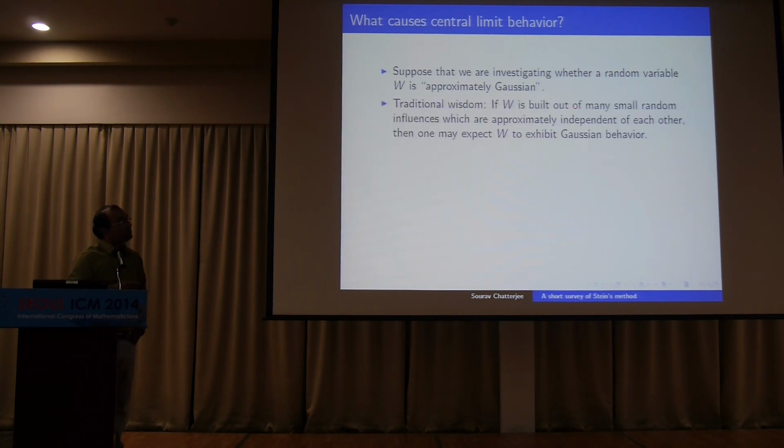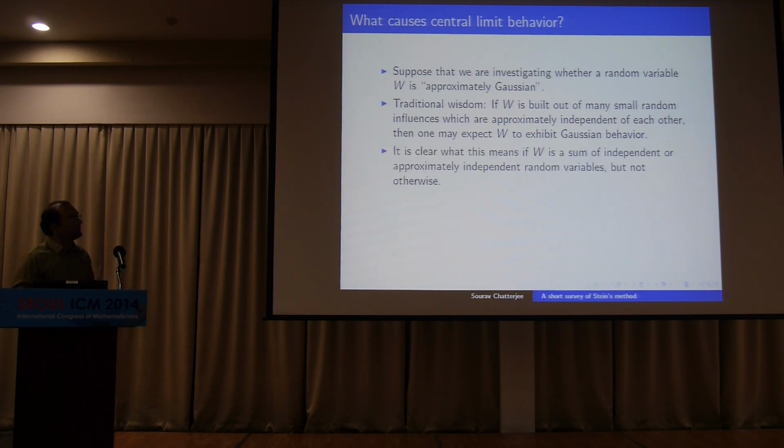The traditional wisdom is that if W is built out of many small random influences, a sum of many small influences which are approximately independent of each other, then one may expect Gaussian behavior. That is traditionally how people think about it. This is clear if W is a sum of independent or approximately independent random variables, but not otherwise.